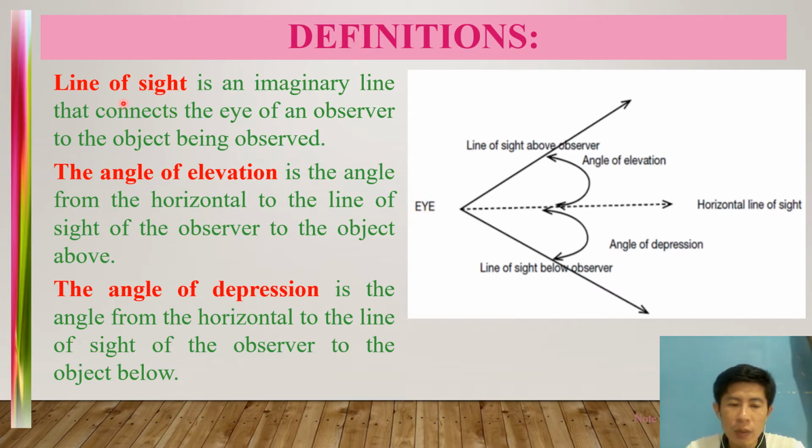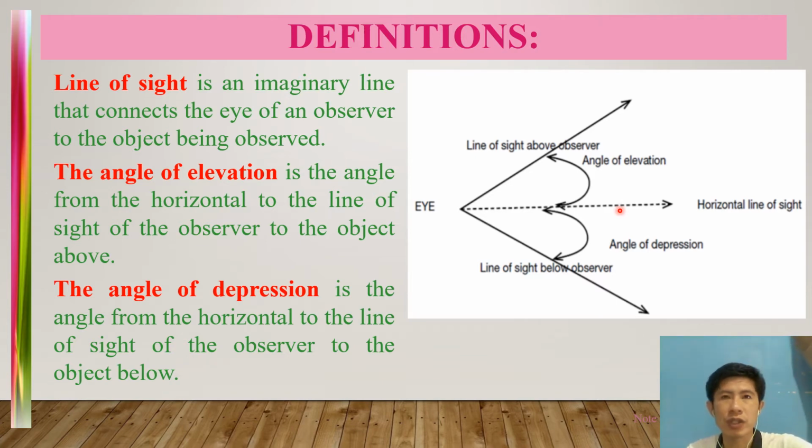Way back to the topic, line of sight, there are three terms related to the line of sight. The first one is the broken line here from the eye horizontally. This is called the horizontal line of sight. There is always that imaginary line from our eyes horizontally.